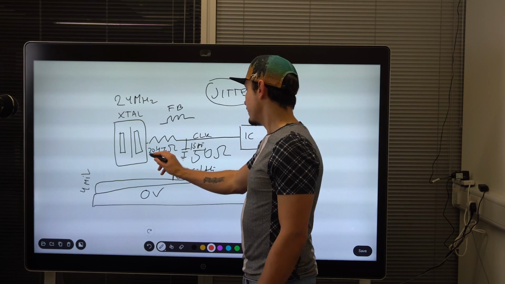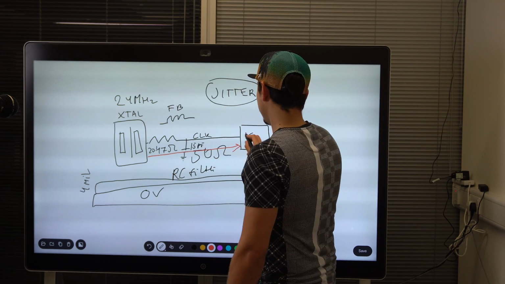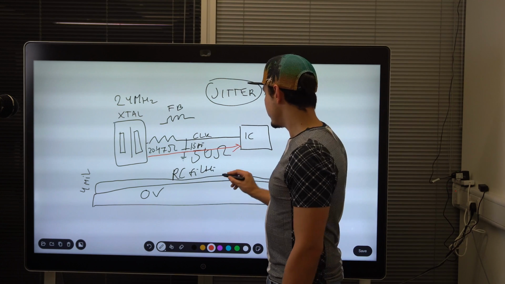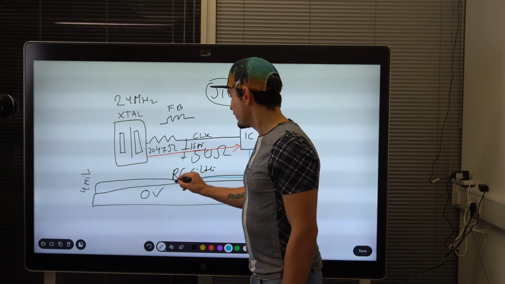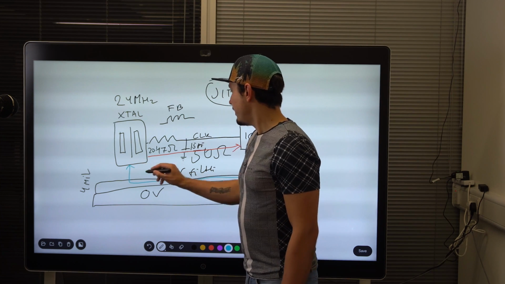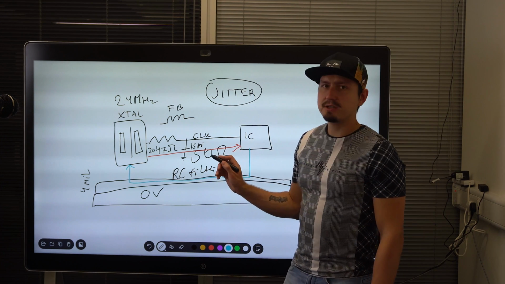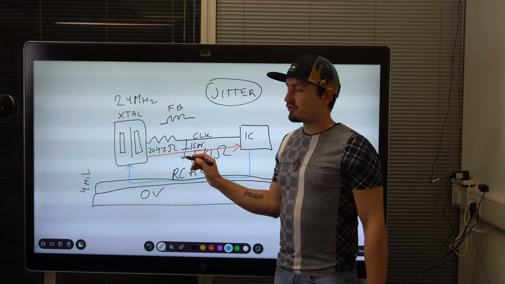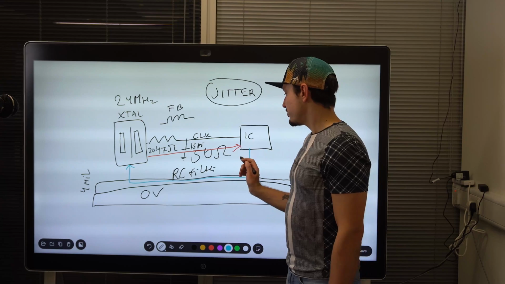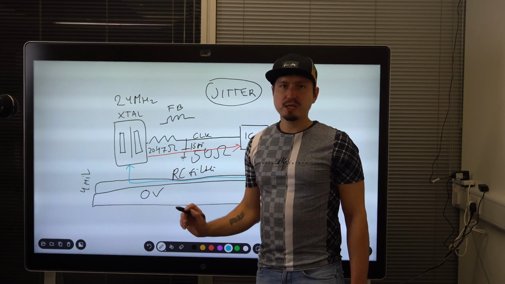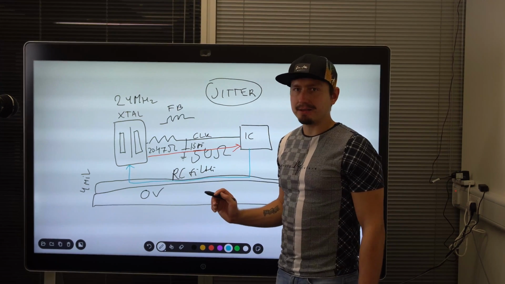If this is our current path from the crystal to the IC via this trace, then our return path will be something like this, and due to skin effect it will follow directly under the trace and not over, and the majority of energy will be concentrated in the dielectric itself.